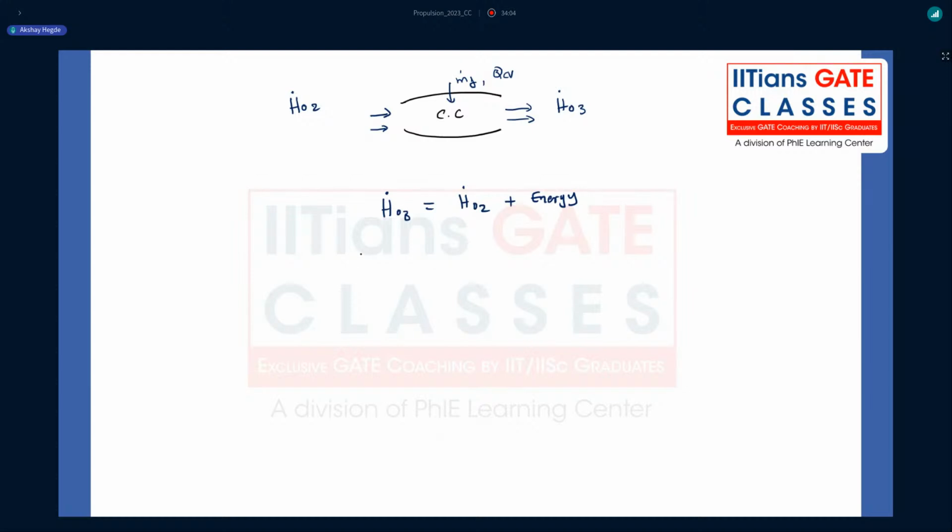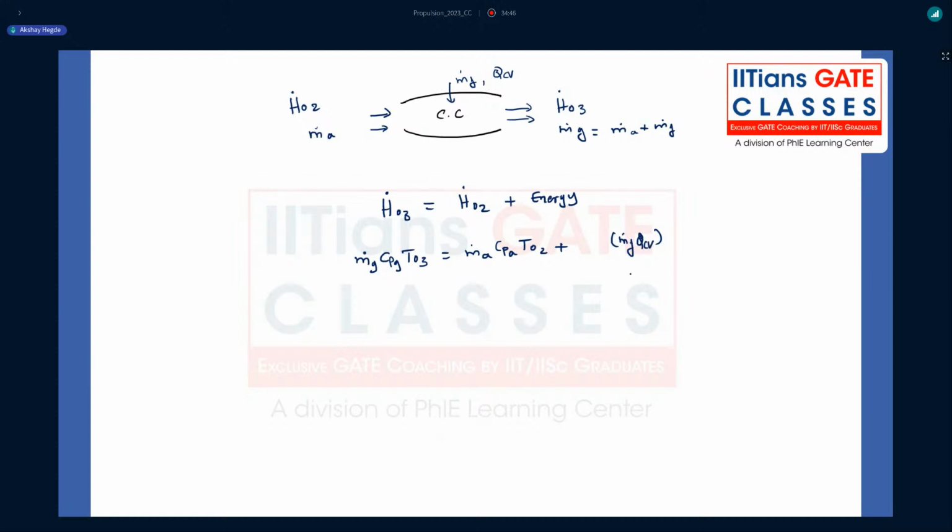So now what is this H naught 3? That is mass flow rate of what is coming in, mass flow rate of the air. What is going out, mass flow rate of the gas, because mass flow rate of the gas is nothing but mass flow rate of air plus mass flow rate of fuel given by continuity. So mass flow rate of the gas times Cp of gas times T03 should be equal to mass flow rate of air times Cp of air times T02 plus certain energy associated with the amount of fuel, that is mass flow rate of fuel times the heating value of the fuel.